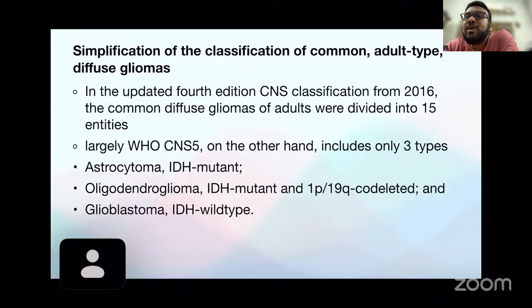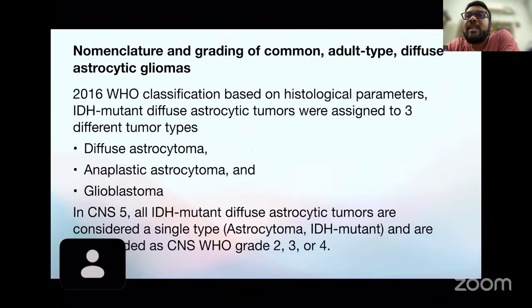In the 2016 classification, based on the histopathological parameters, the IDH mutant diffuse astrocytomas were graded into diffuse astrocytoma, anaplastic astrocytoma, and glioblastoma.